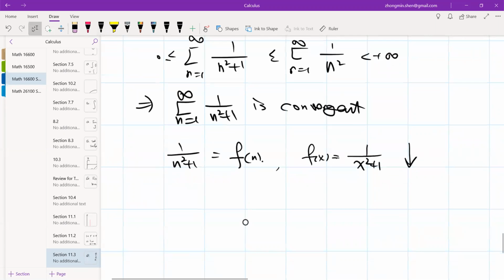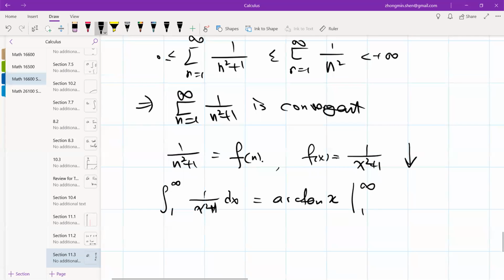So this is the 1 over x squared plus 1. So you just need to look at the integral from 1 to infinity. If you want to save time, just find the antiderivative of this. So it's going to be arctangent x evaluated at the endpoints. So this means you take the limit, okay?